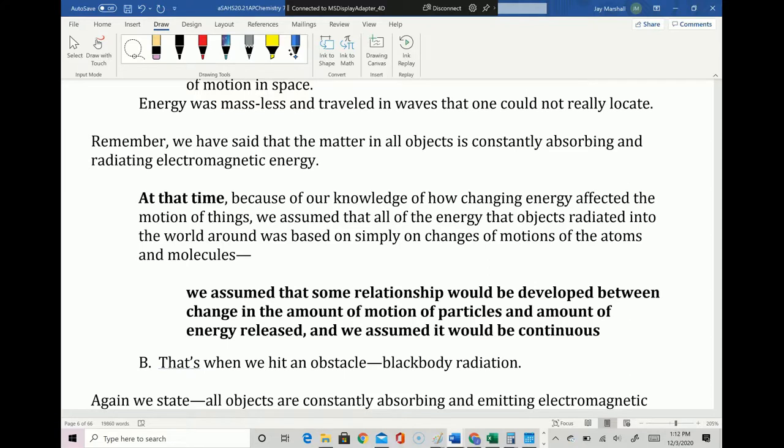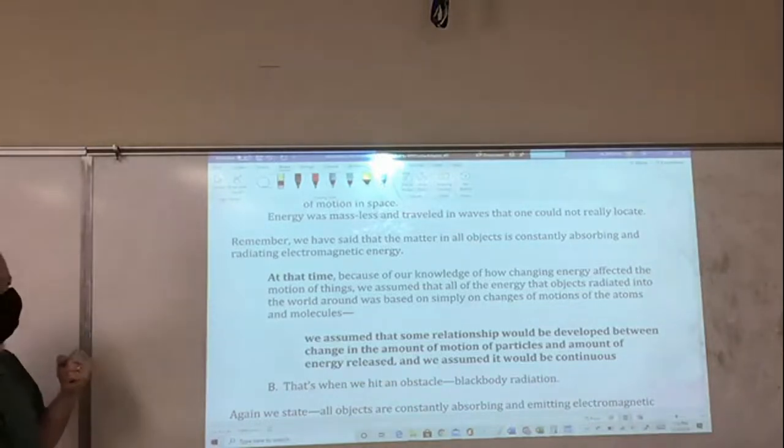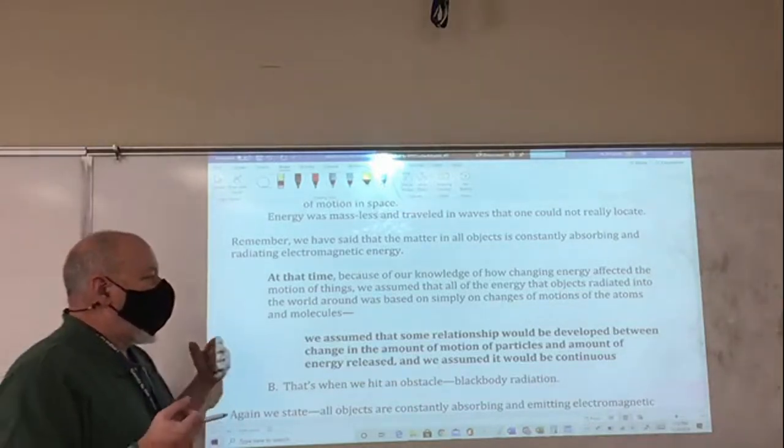But we really didn't know why it lost that energy. But we assumed that all of the energy that objects radiated into the world around us was based simply on changes of motion of the atoms, right? That's all we understood. We understood that if I add energy to a particle, it speeds up. If I take energy away from a particle, it slows down.